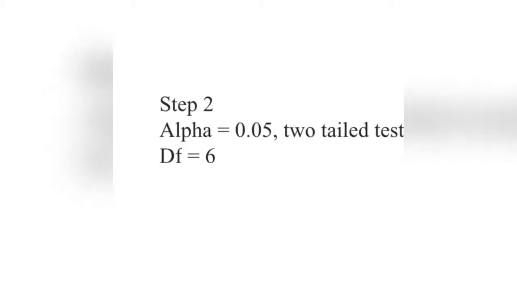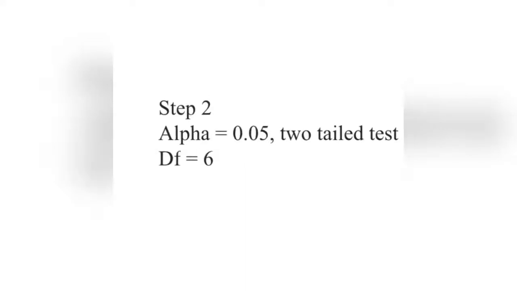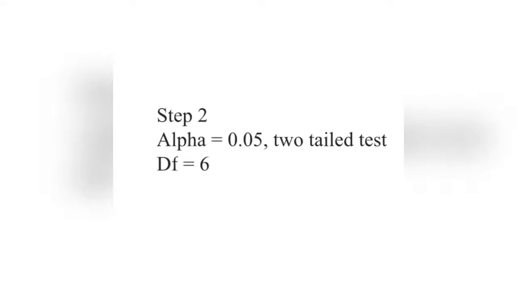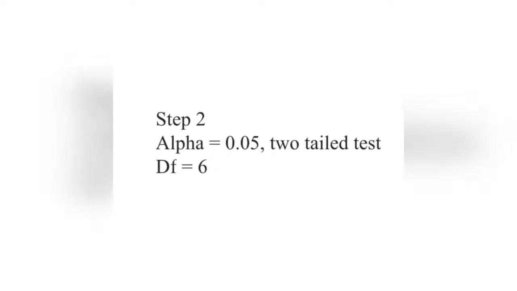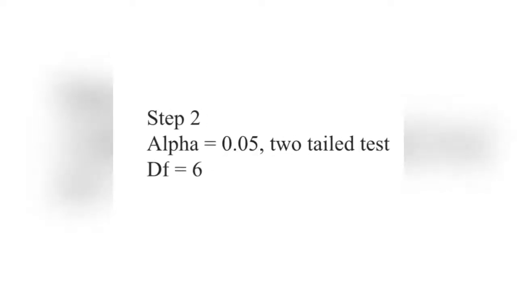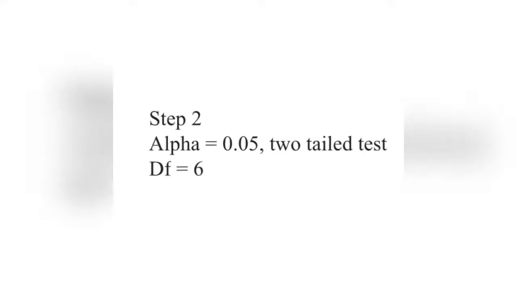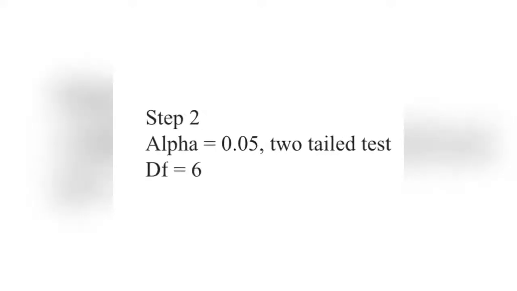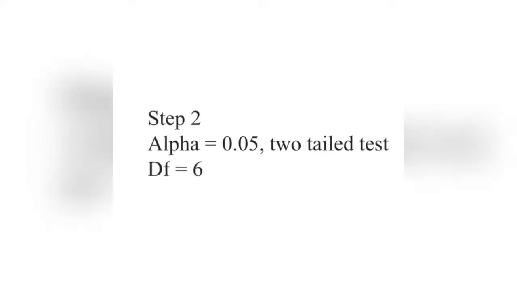Step 2. Write alpha is equal to 0.05. From the question, we identified that it's two-tailed. This time, for us to get the equivalent of the alpha, we must compute for the degrees of freedom, represented as df.